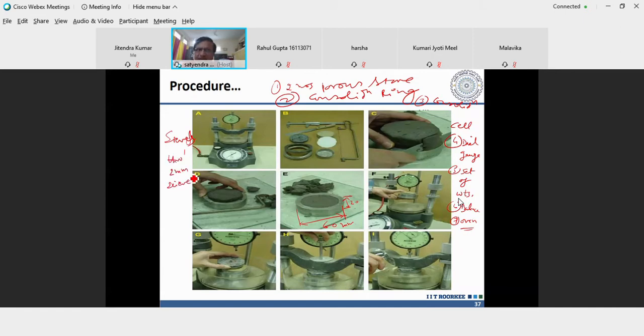It means the particle size should not be larger than 1/10 of the height. 1/10 means 20 divided by 10, which is 2 mm. The particle size should not be larger than 2 mm. It should be finer than 2 mm. So a 2 mm sieve is used, and minus 2 mm size soil is used for the consolidation test.